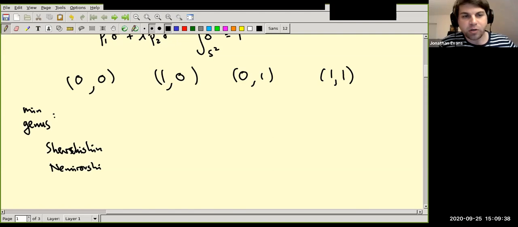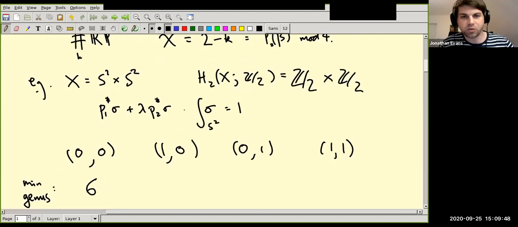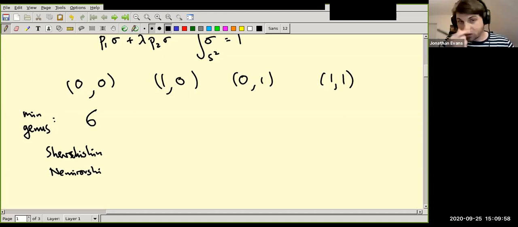So the minimal non-orientable genus therefore is 6, right? Because chi has to be equal to 0 mod 4. So 2 minus the number of RP2s has to be equal to 0 mod 4. And you can get a surface of genus 6. Givental constructed one inside the four ball, so you just stick that inside any four manifold you want.